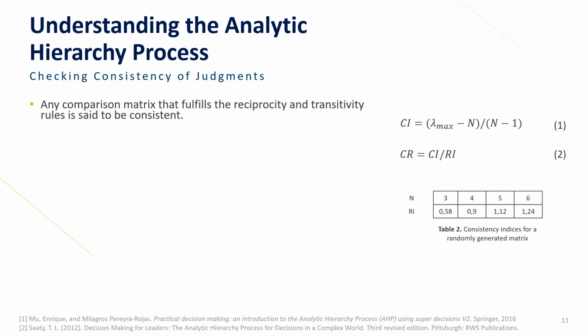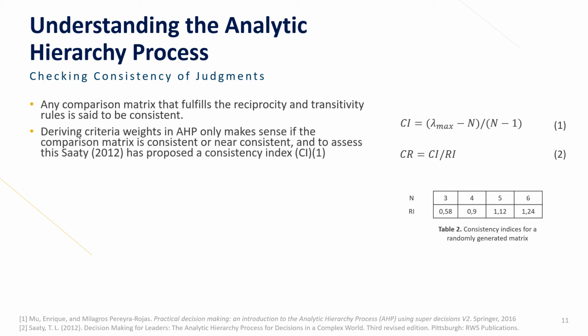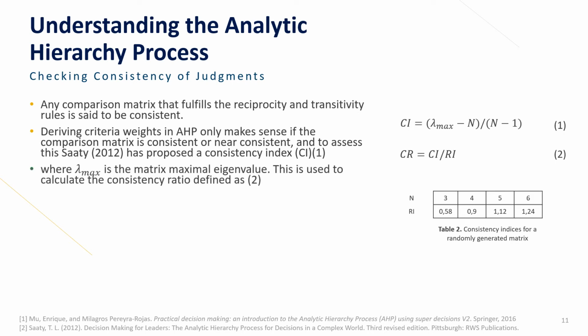In order to check this, you need to calculate the consistency index. It is based on lambda max, using formula number 1, proposed by Professor Thomas Saaty. And lambda max is the matrix's maximal eigenvalue.